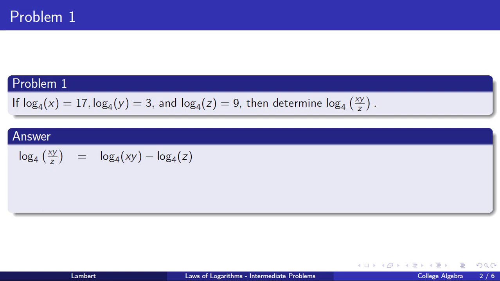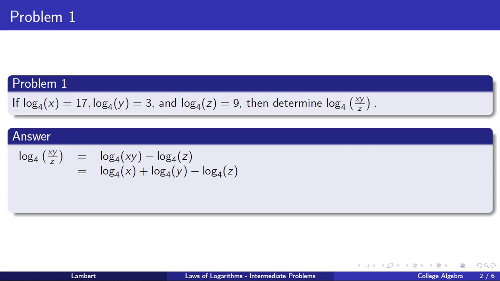But the log base 4 of x times y, we don't have that product itself. But what we do have is log base 4 of x equals 17 and log base 4 of y equals 3. So we can use the product rule for logarithms on that log base 4 of xy. That breaks up into log base 4 of x plus log base 4 of y, and then we'll just leave that minus log base 4 of z right there.